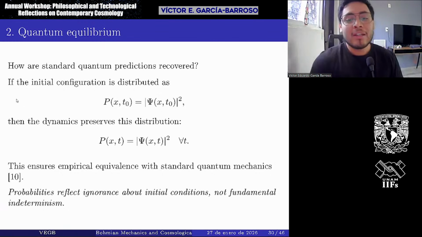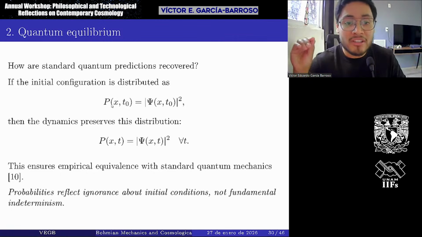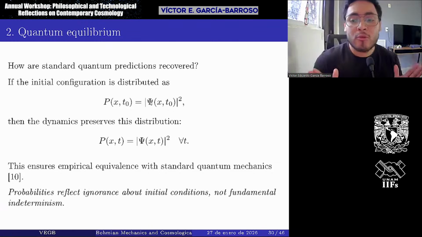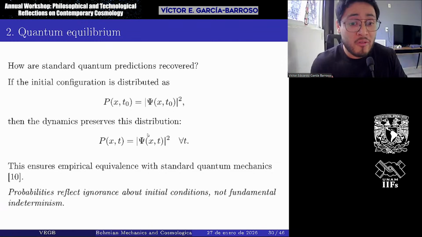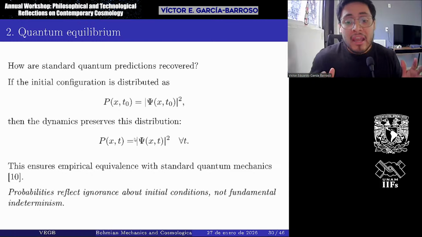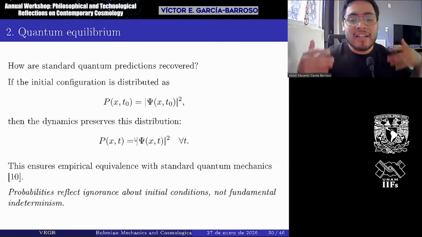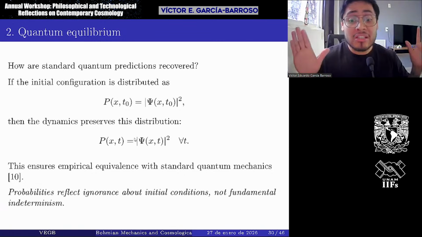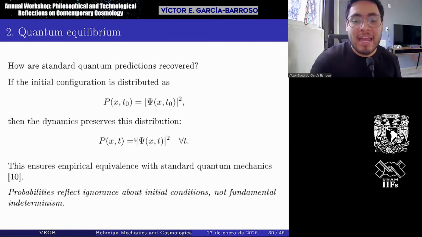No. If we assume the initial configuration is distributed according to the standard Born rule, psi squared, the dynamics will preserve this distribution forever. So we get exactly the same empirical results as standard quantum mechanics. And here probabilities represent our ignorance of initial positions, not a fundamental lack of reality.